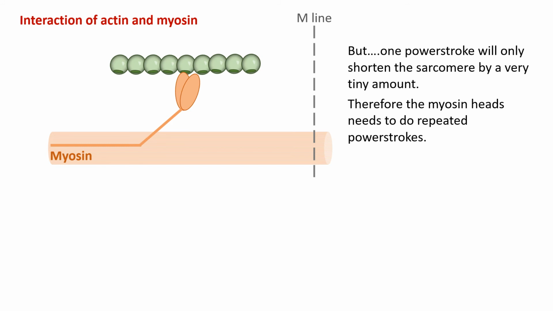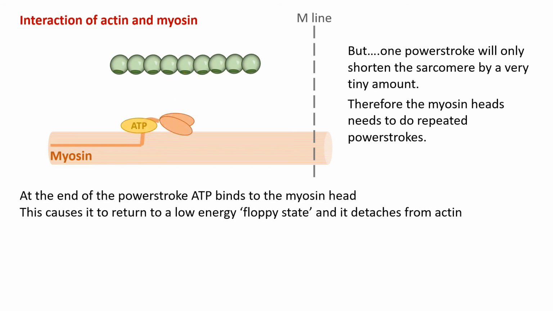Problem is, he's still bound to actin. So at the end of the power stroke, another ATP comes in and it binds to the myosin head. And if you remember, in this state, myosin is in a low energy, floppy state.